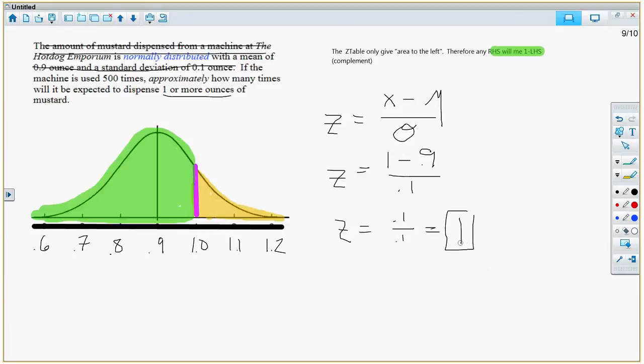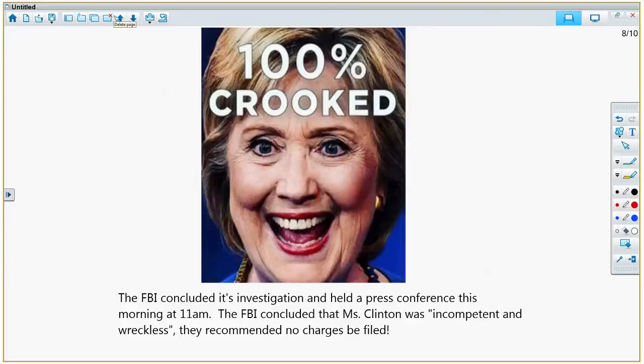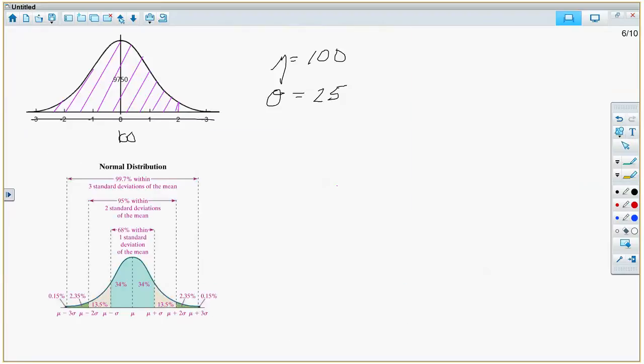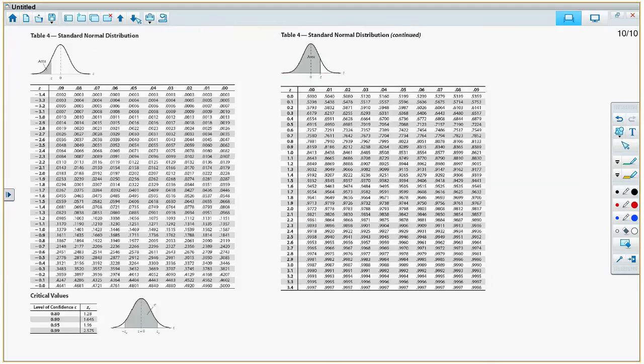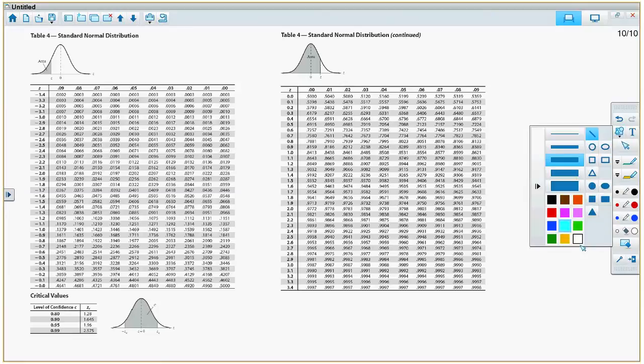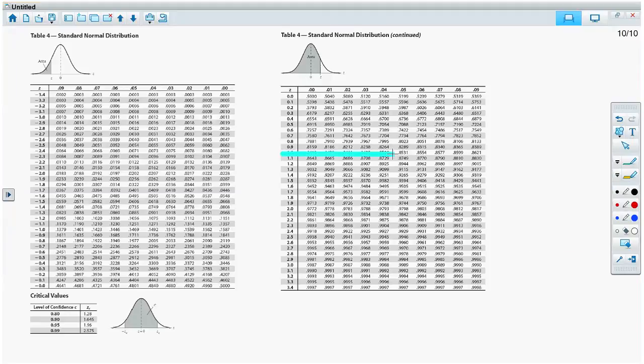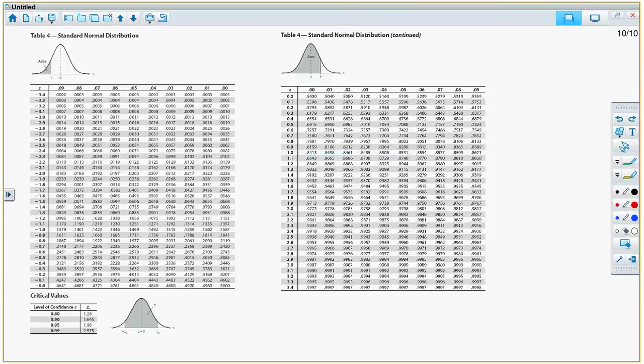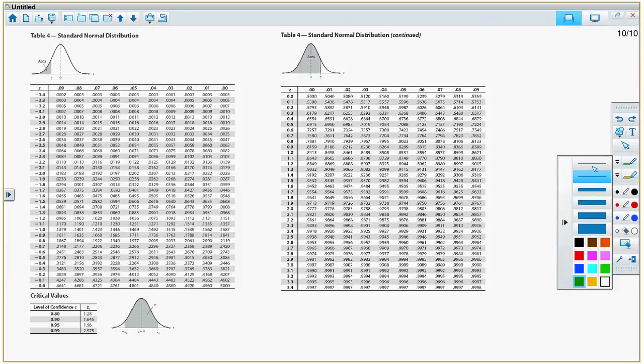It's not always going to be that way. So you've got to look up a z-score of positive 1. So you go to your handy-dandy z-score table. Is 1 a positive z-score or a negative z-score? Positive. So I take my handy-dandy straight line maker, in aqua, and I'm going to underline.